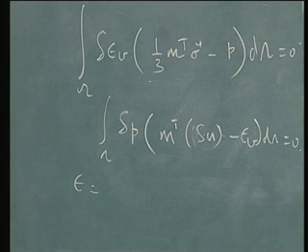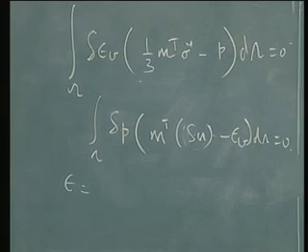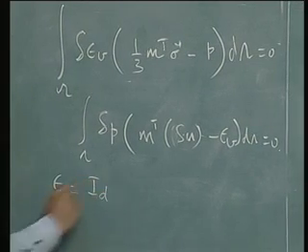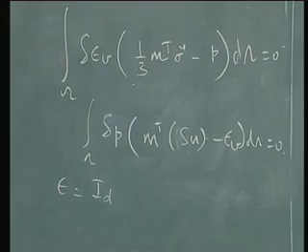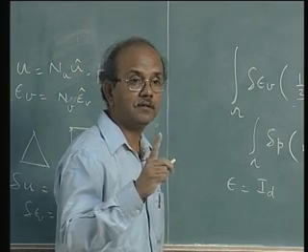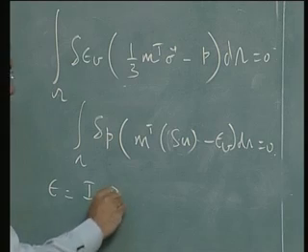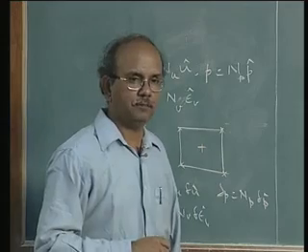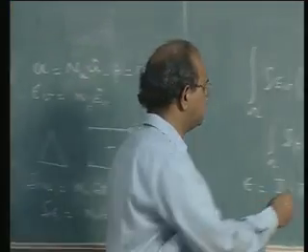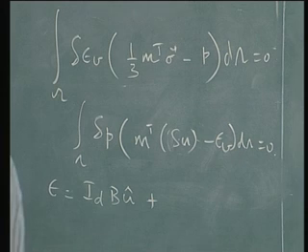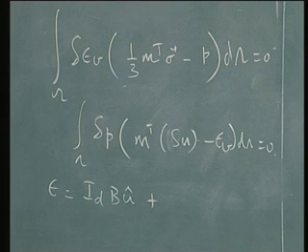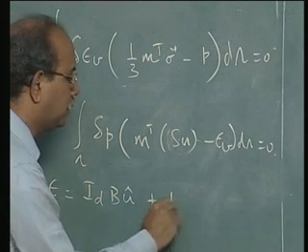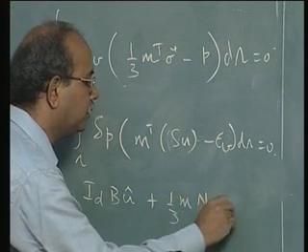So in terms of the discretized quantities, how will this appear? First term will be ID into, instead of SU, this will become BU hat, in the same fashion as you write down the B matrix, plus the second term we had as 1/3 m epsilon v. So what will that become now? NV epsilon v hat. So 1/3 m NV epsilon v hat.